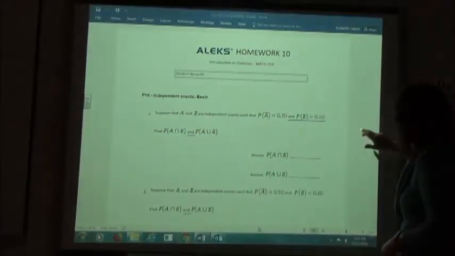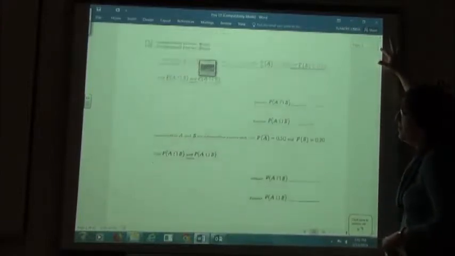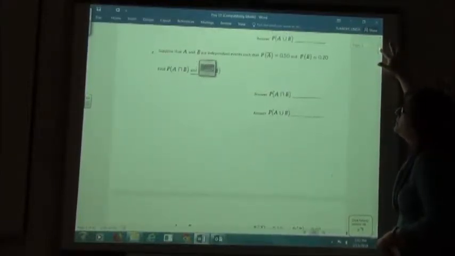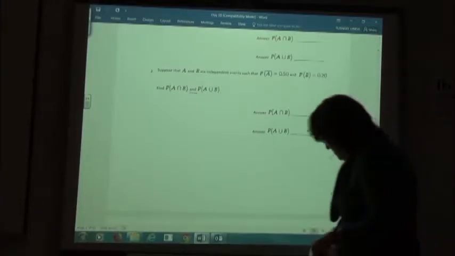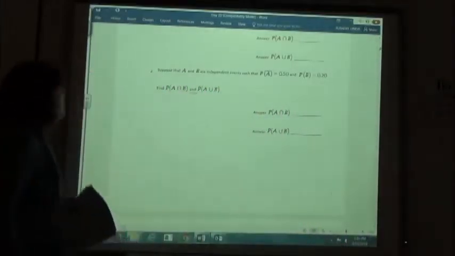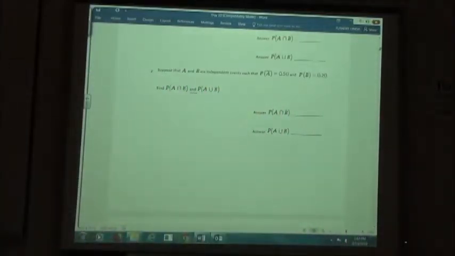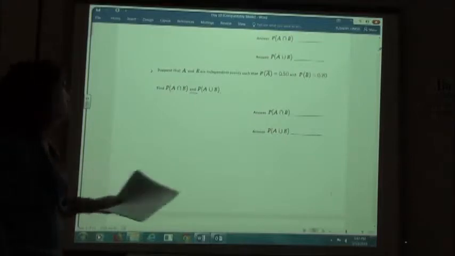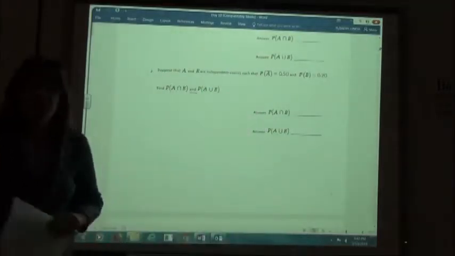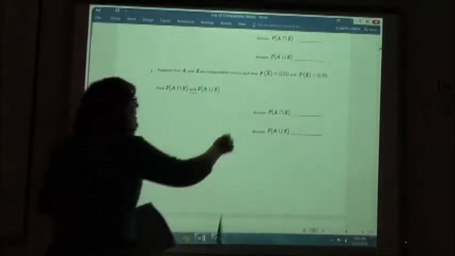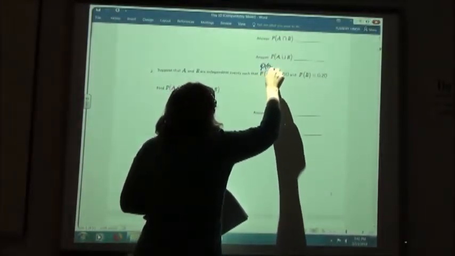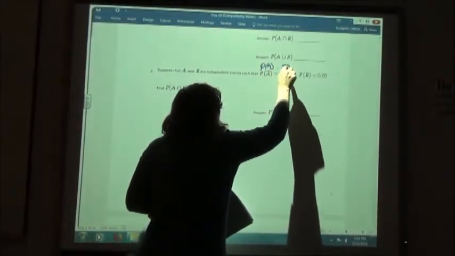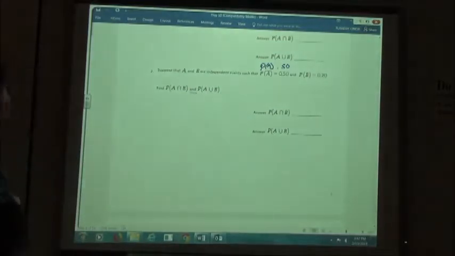All right, so number 2, pretty much the same thing. Suppose that A and B are independent events such that the probability of A not happening is 50%, so the probability of A actually happening would also be 50%, right?